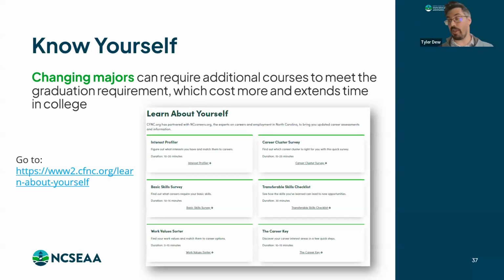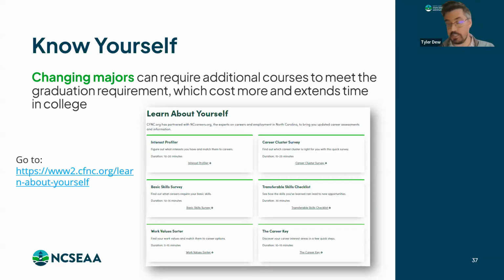But one of the best ways that you can kind of know yourself and prepare for something like this is to complete a program like this that we offer on CFNC.org. Different surveys and different examinations that you can take to kind of learn what career field you're interested in and what those majors offer.